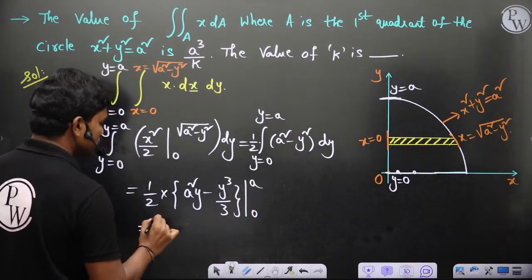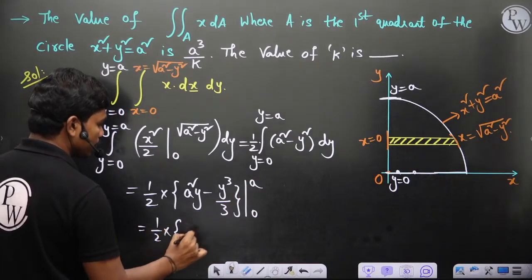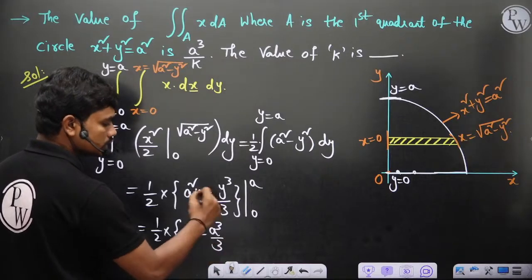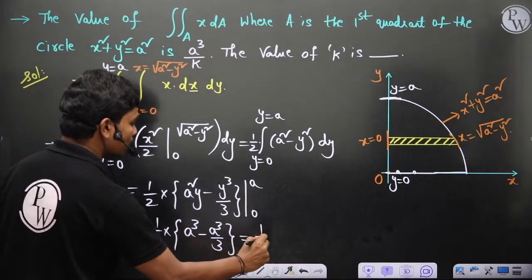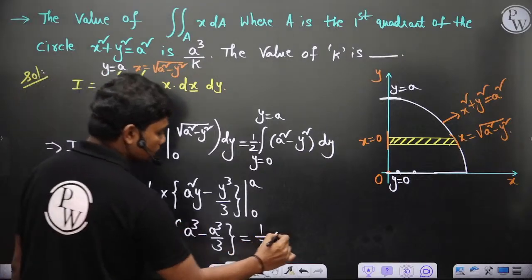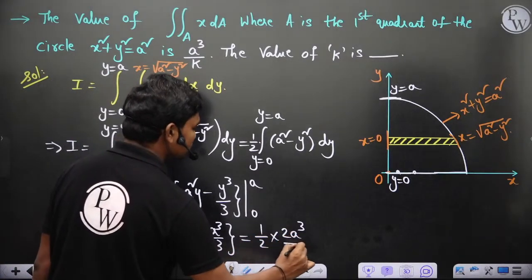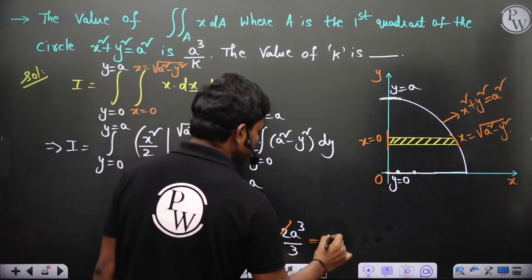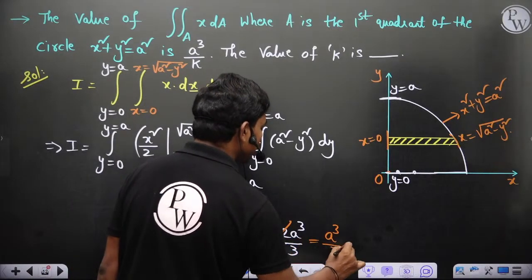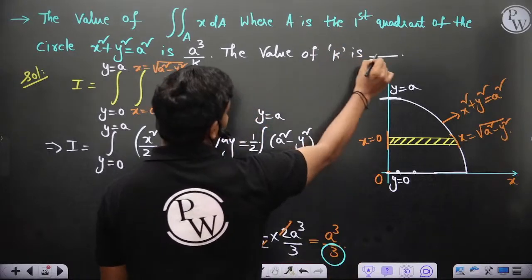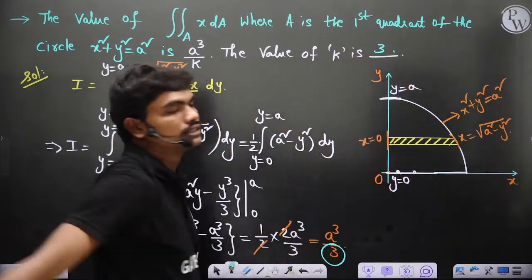If you substitute, half into a cube minus a cube by 3, and when you put y equal to 0, both the terms are zeros. If you simplify this, 3a cube minus a cube, 2a cube by 3. So ultimately this 2 gets cancelled, so a cube by 3 is the actual answer. So the value of k is 3 in this.